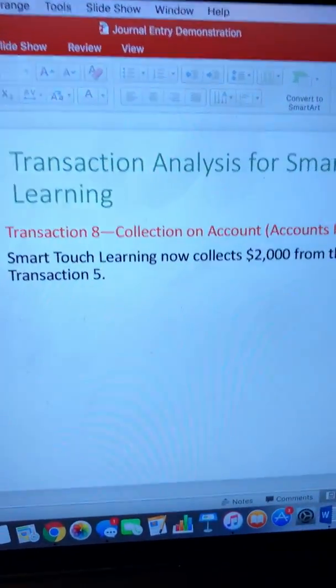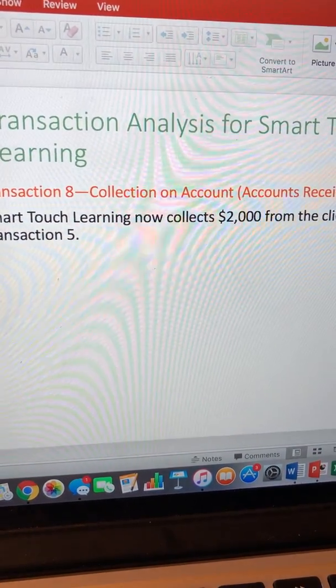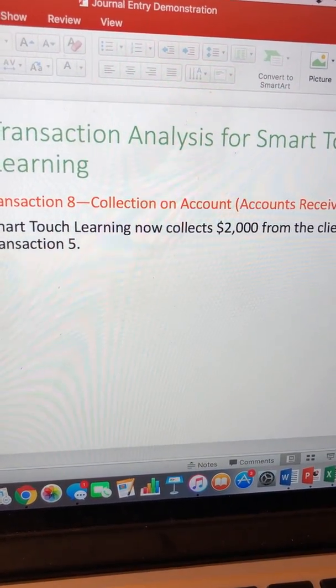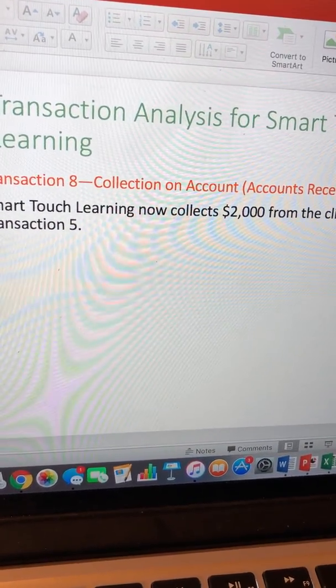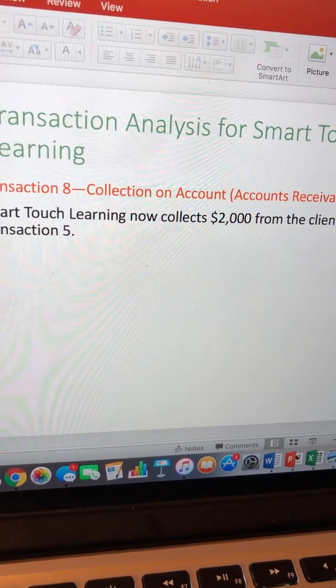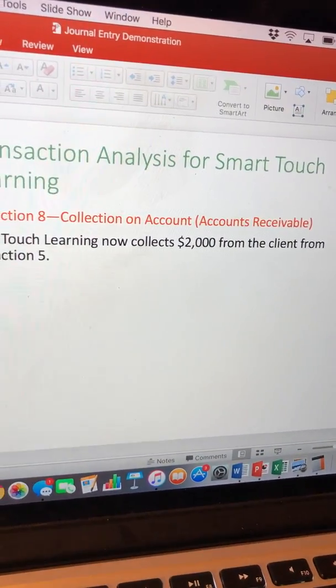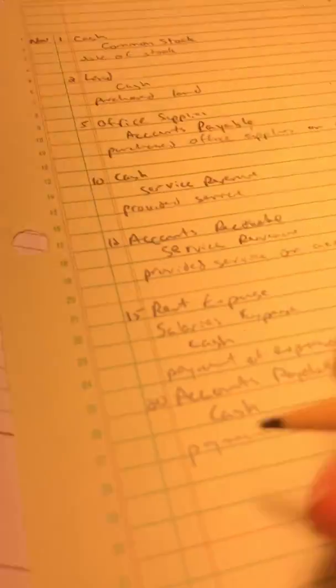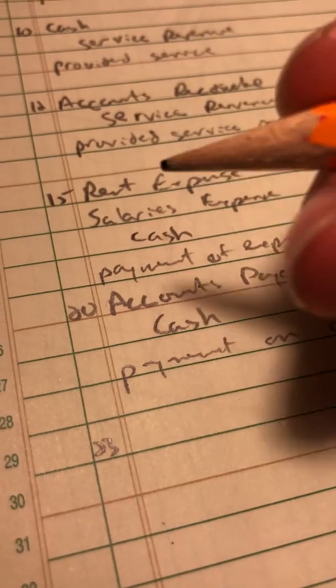Similar transactions happen in number 8. This time, instead of us paying on an account, we're receiving on an account. So if you go back to on November 12th, we did service for $3,000 on account. Now that customer's paying us $2,000. So we're going to just say November 23rd. Okay.